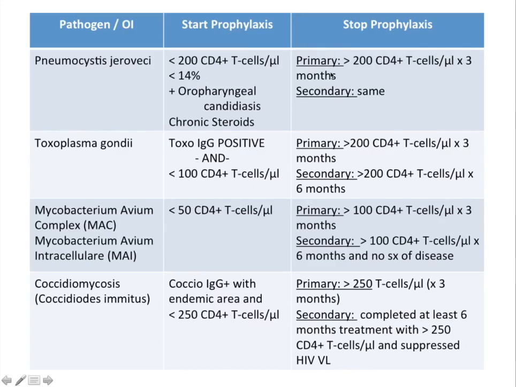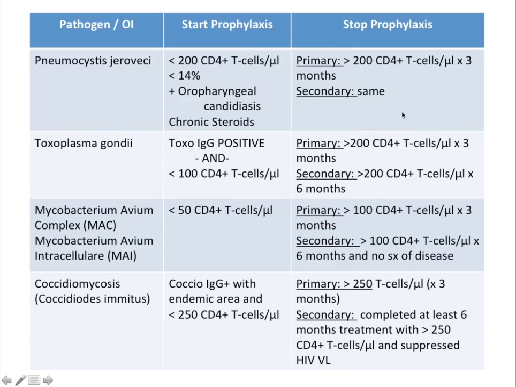Now, you stop prophylaxis when they are showing their immune system is working. So for PCP, it's above 200 for 3 months, then you stop. Toxo, actually above 200 also for 3 months. MAC, above 100 for 3 months, and Coccio, above 250 for 3 months.